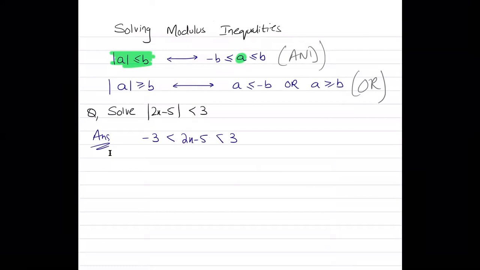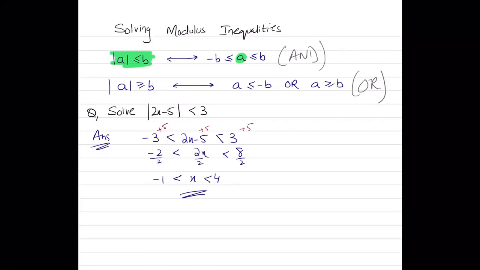Now, to solve this further, I want to have x over here only. So I need to get all other terms away from here. So you're going to add plus 5 everywhere, and then you can divide by 2 on all sides. So you will get negative 1 and less than 4.